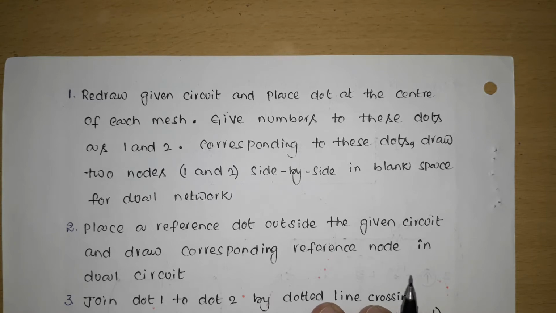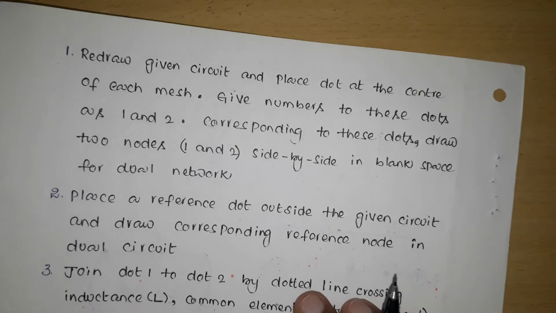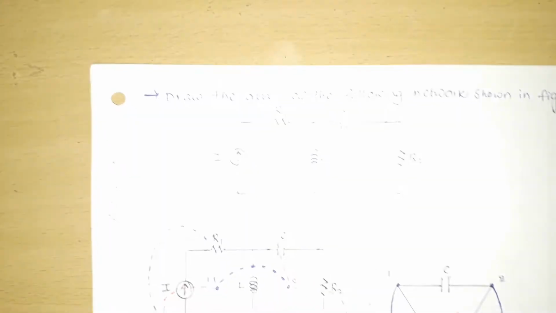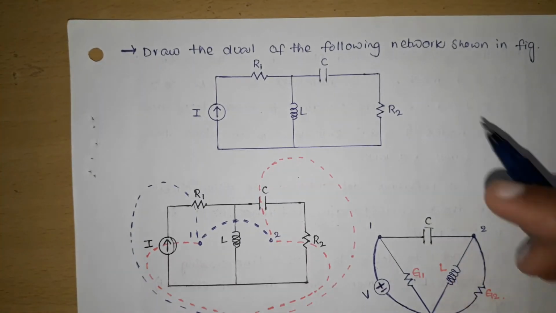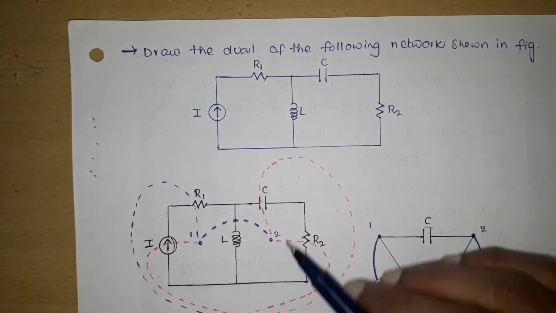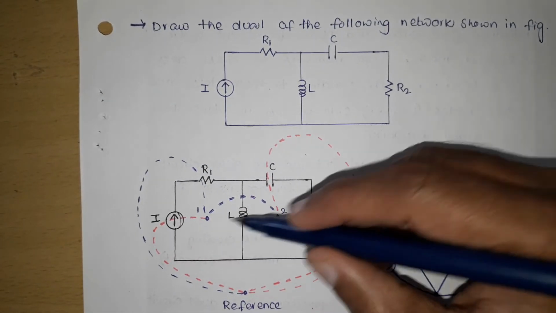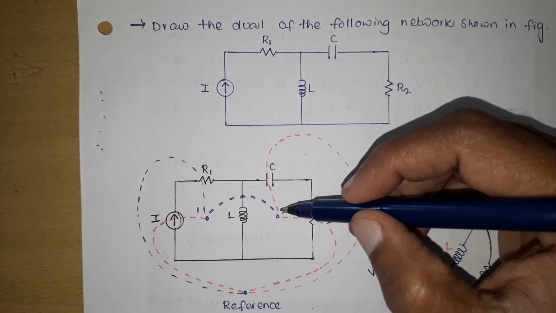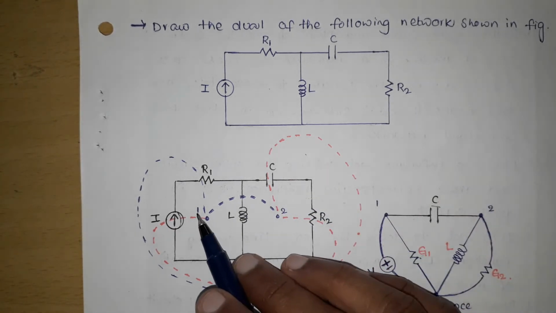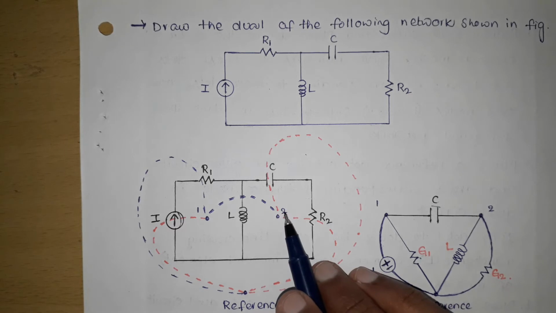So let us apply that condition here. This is the circuit given. We have to redraw that circuit and place two dots at the center of each mesh, and give numbers to the dots as 1 and 2.